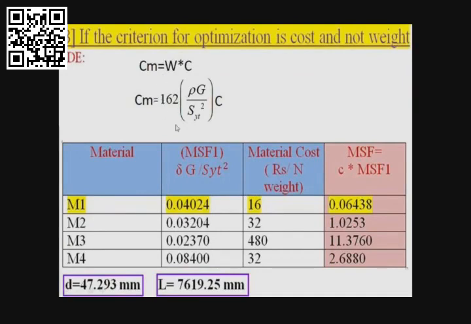This W equation we already got in the previous slide from the previous problem for minimizing the weight, which is given by 162 into rho into G by SYT square into the cost of the material. Just find the value of total cost for all the materials and look for the value which is minimum.